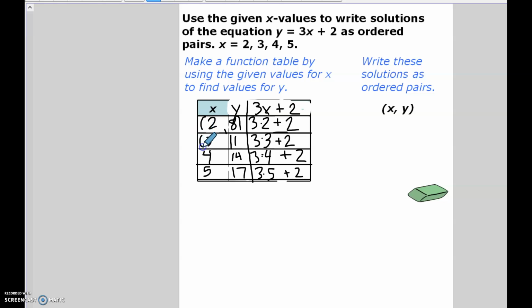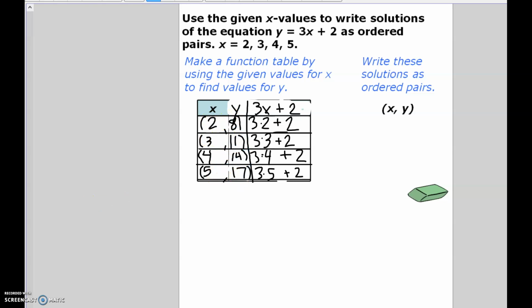It's going to be a straight line. Okay, we're not going to graph this right now, but we'll do it in an example today. But this is first just making a table. So all of these x, y numbers that we found are xy coordinates, and we could graph them. So where it says write these solutions as ordered pairs, I just did it here.